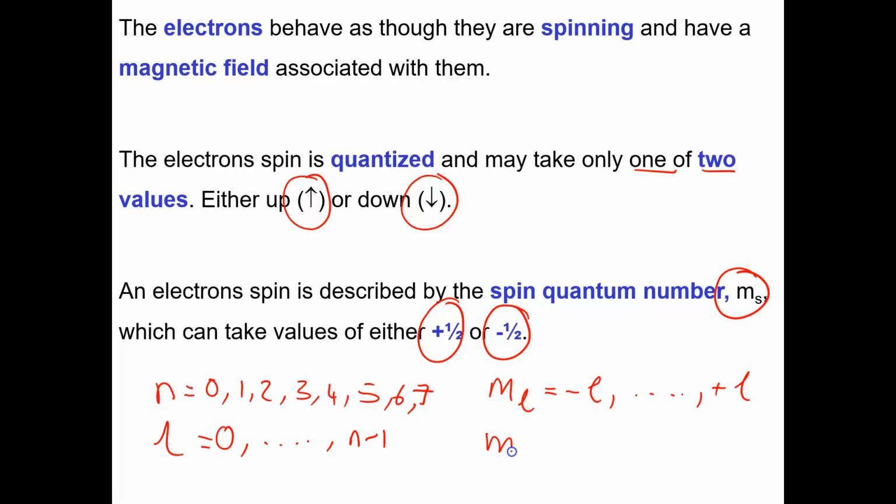And then finally we have ms, the spin quantum number. And if you put those 4 quantum numbers into the Schrödinger equation, it will give you a description of where the electron is in terms of its orbital and also the energy of that electron.